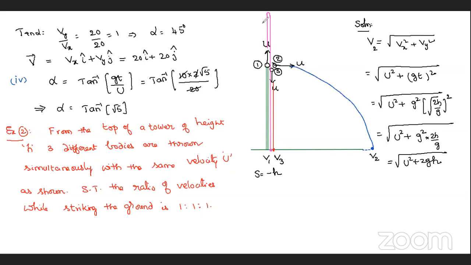Initial velocity u, I am asking the final velocity. So I am going to use motion in a straight line: v square minus u square is equal to 2as.